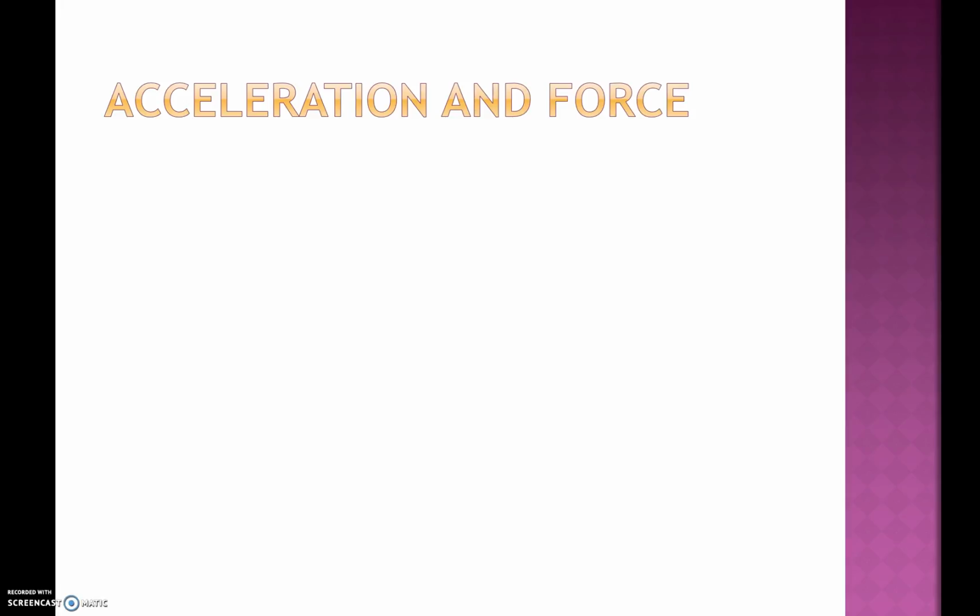So we've already talked about acceleration and force, and for every problem we've done, there's always been an acceleration that was applied to the force. Well, in some problems, you will see something that says constant velocity.